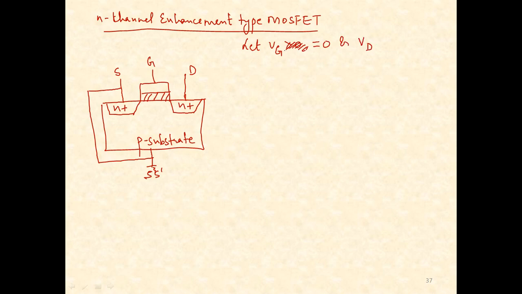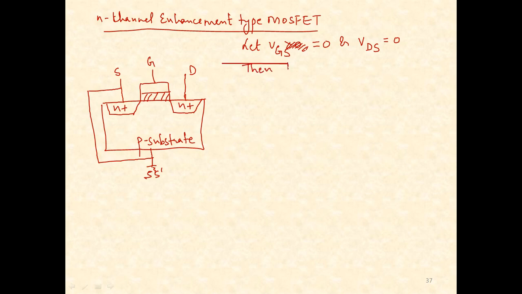Whenever we say Vg, it is always referenced with respect to source, so it is Vgs, and drain is also referenced with respect to source, so it is Vds. Let both of them be 0 as of now. So will there be any current flowing from source to drain? No, there is no current flowing, because both the biases are 0.